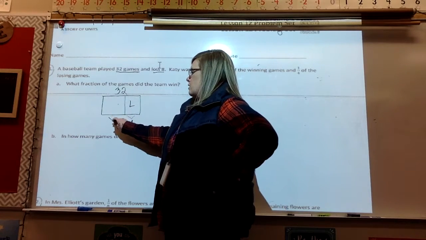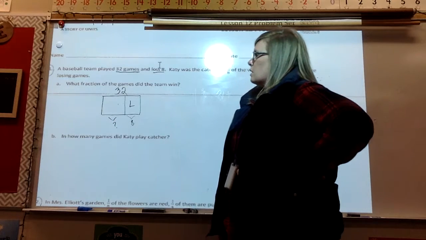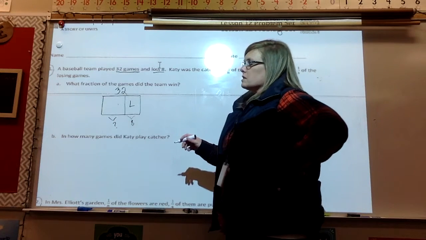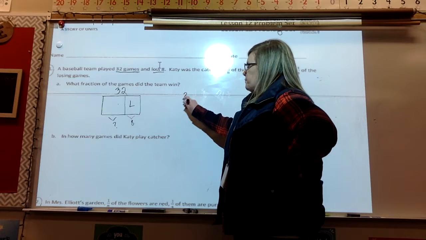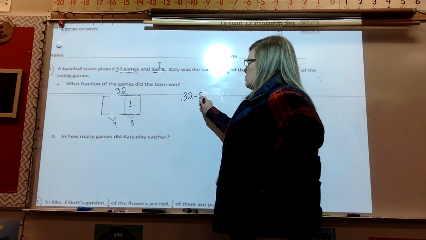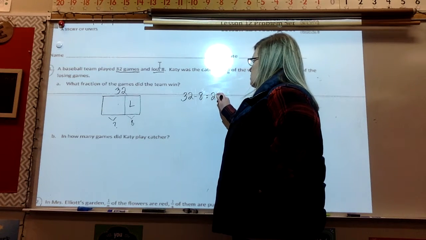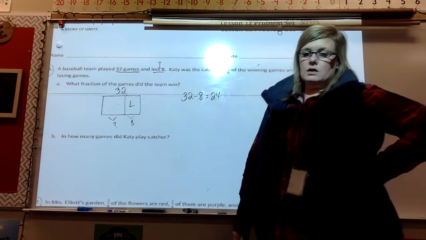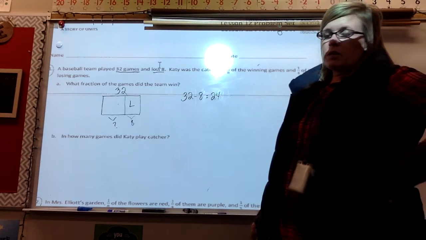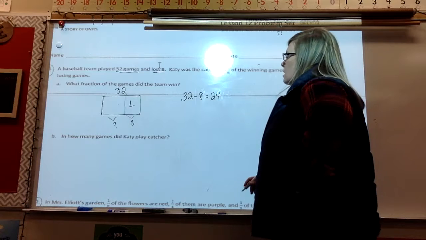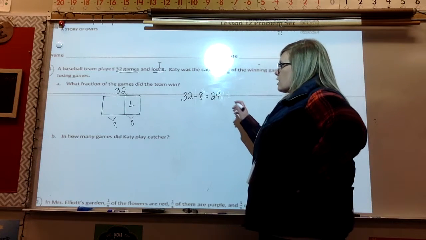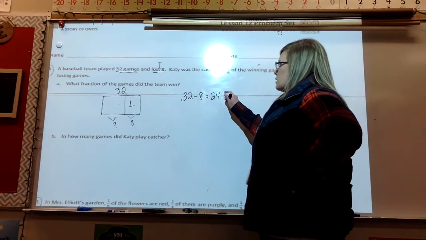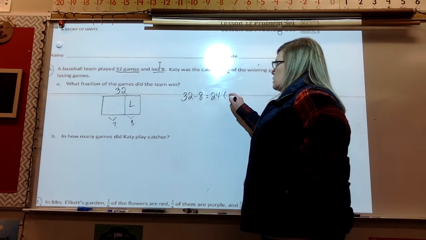We're trying to figure out how many they won. So obviously I need to do a subtraction problem. 32 minus 8 is equal to 24. And the question says, what is the fraction? So if I want to turn this into a fraction, I'm going to make 24 in parentheses next to it. You could put games.